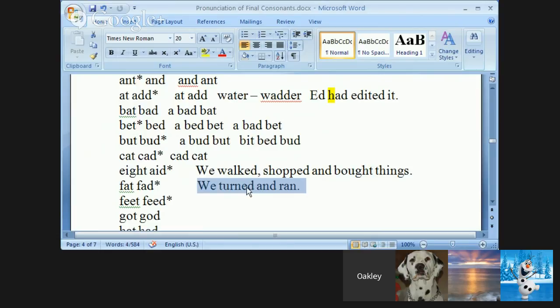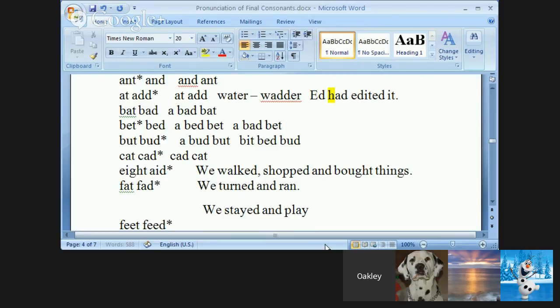Okay. Well, actually, that's not a good example. Let me give you another one here. Wait. Okay, hang on. Try this one. Okay, Jose, now try this one.